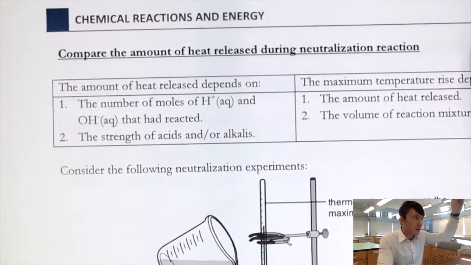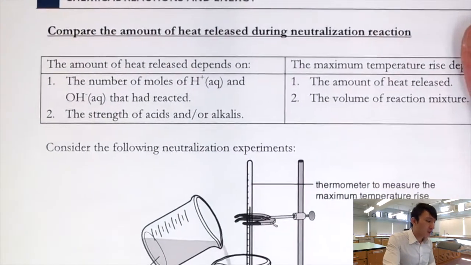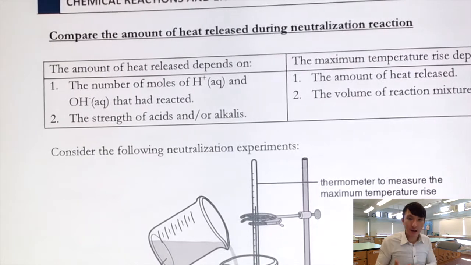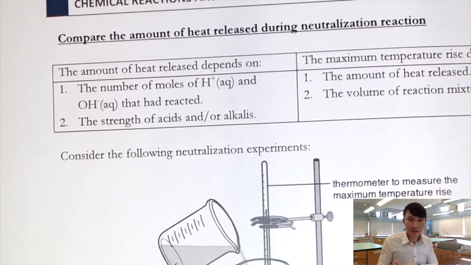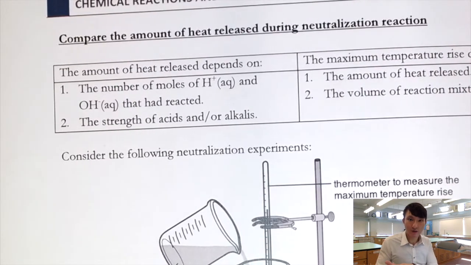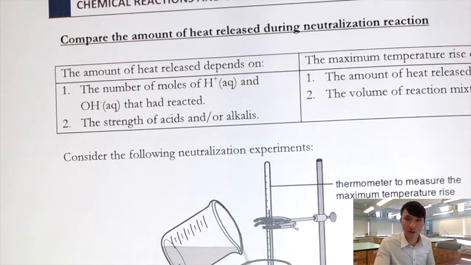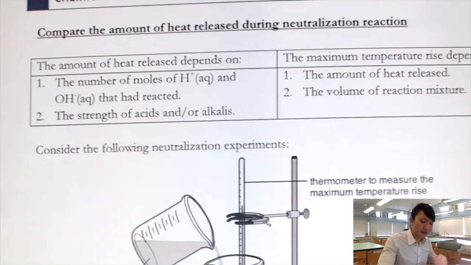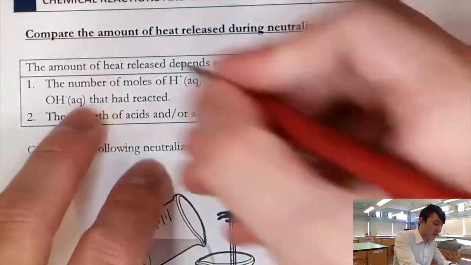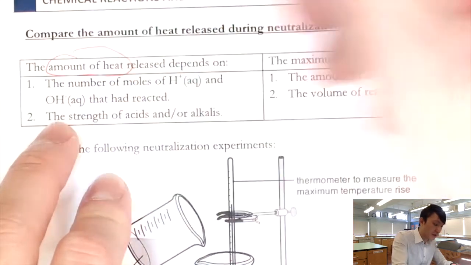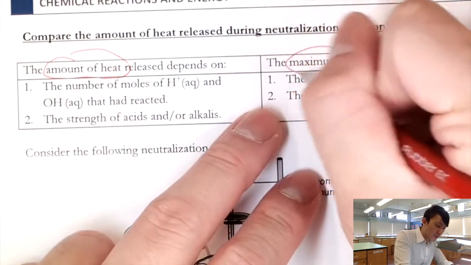Very often, questions will be asking about the heat released in the neutralization reaction as well as the maximum temperature attained in a neutralization experiment. So here there are two separate concepts. One of them is the amount of heat and another one is the maximum temperature.